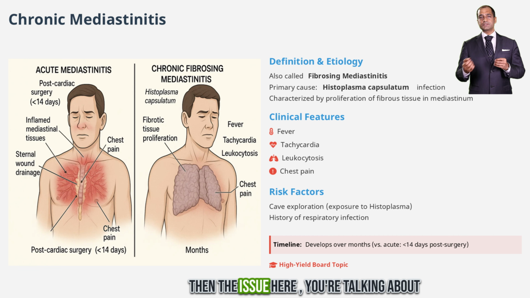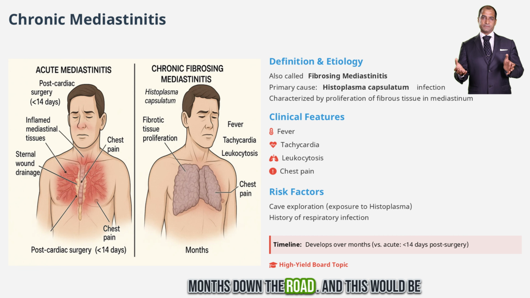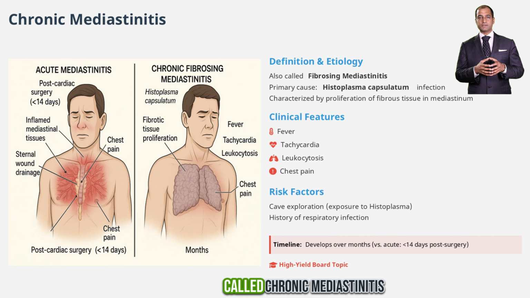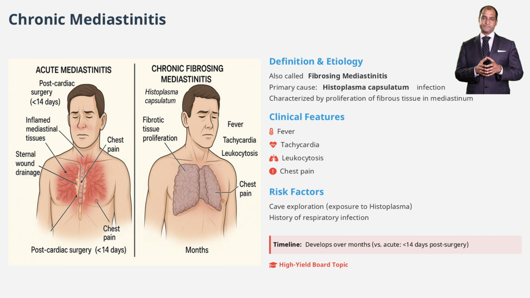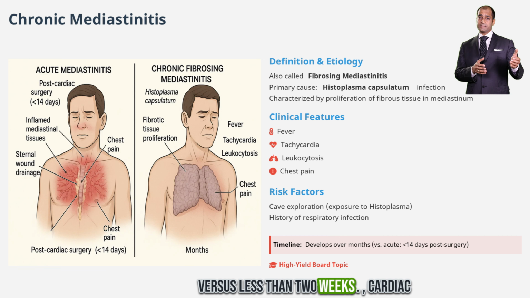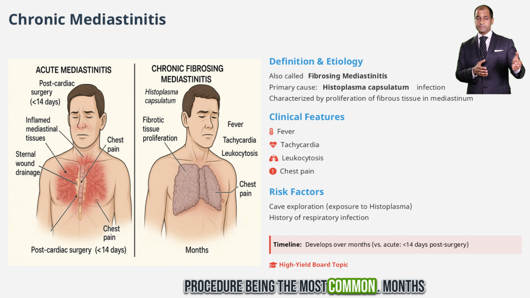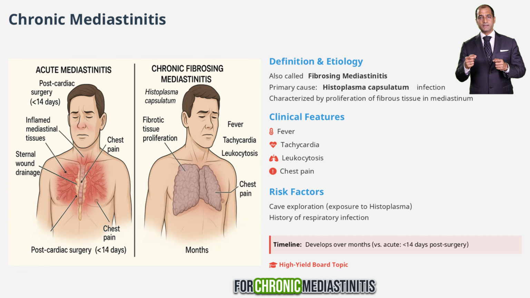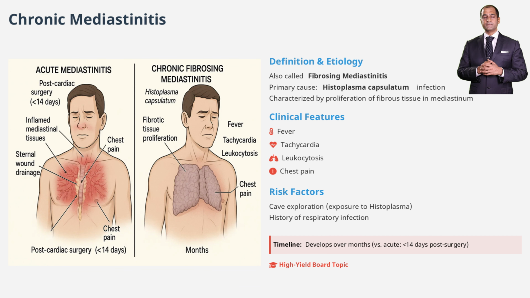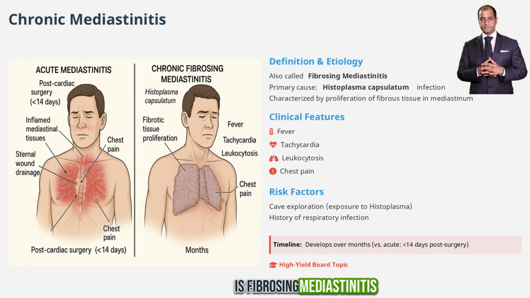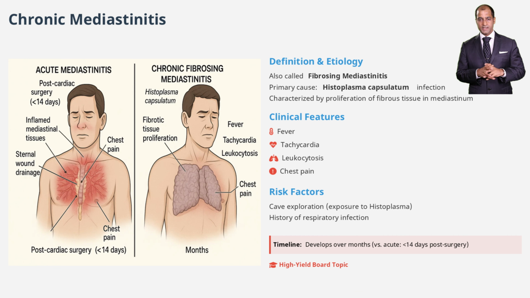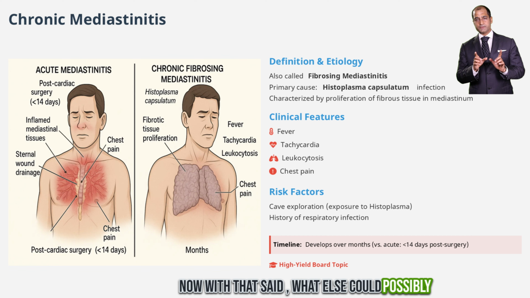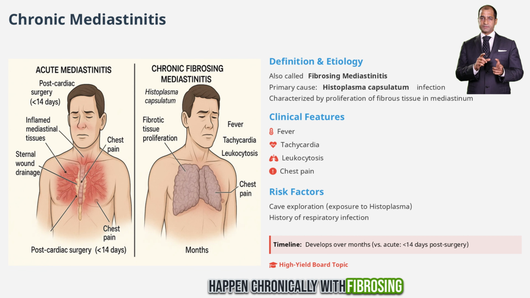Then the issue here, you're talking about months down the road. And this would be called chronic mediastinitis, versus less than 2 weeks with a cardiac procedure being the most common. Months down the road, histoplasma, another name for chronic mediastinitis, is fibrosing mediastinitis.